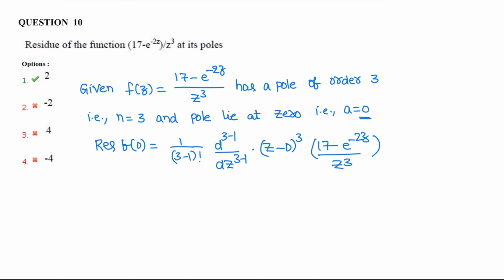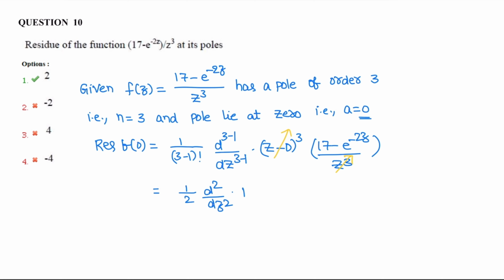So 1 by 2 factorial is 1 by 2, d square by dz square of z cube into (17 minus e power minus 2z) by z cube, so z cube and z cube get cancelled off.